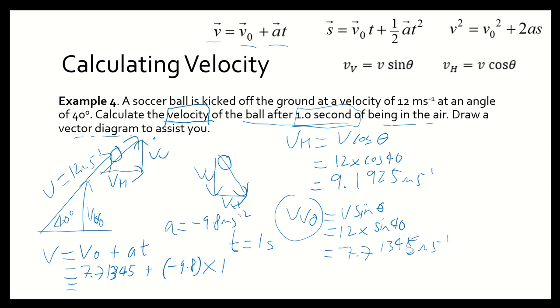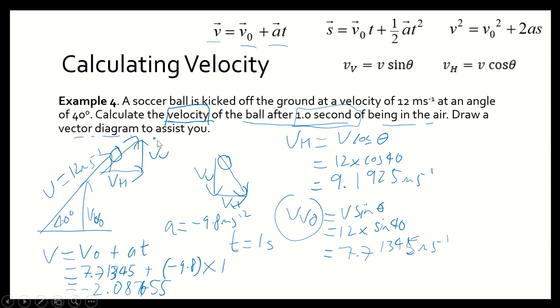If we type that into our calculator, 7.71345 plus negative 9.8 times 1, it's going to be negative 2.08655. That means it's acting downwards. The negative is important. So our ball has actually gone past its peak, max height, and it's on its way back down.